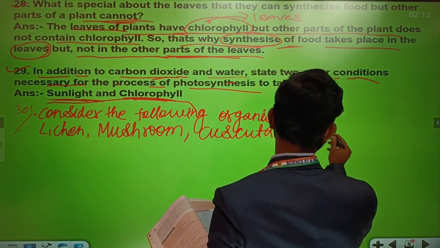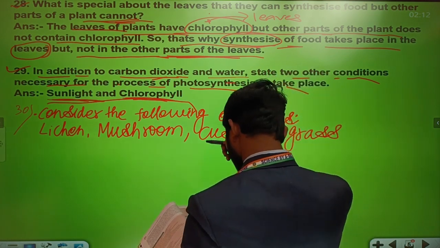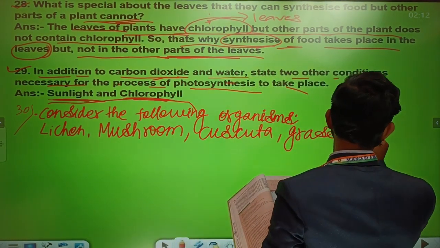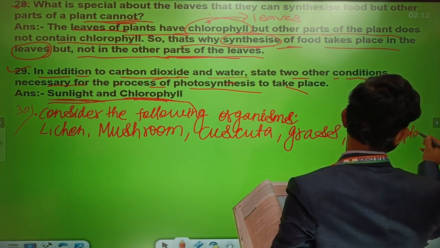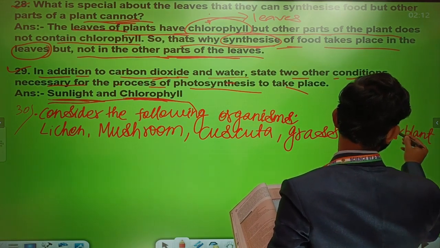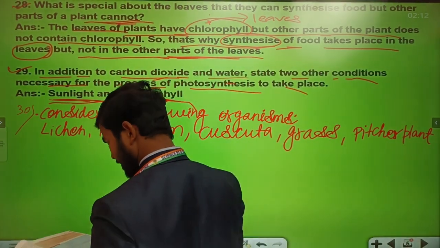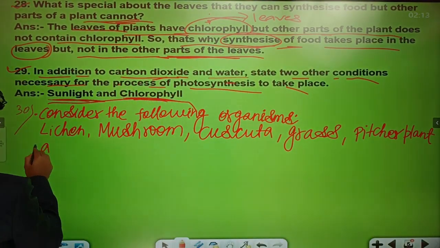Grass is also given. And the next one is pitcher plant. All clear. Here is question A, an autotroph.